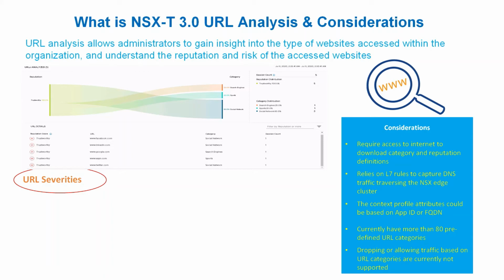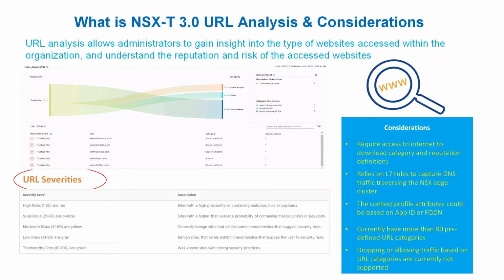Now let's take a look at the screenshots. From the screenshots you could see it shows the trustworthiness of each and every website you accessed, and also it classifies the website into different categories like search engines, sports, social networks, etc. And importantly, it also gives you session details about each of those URL accesses.